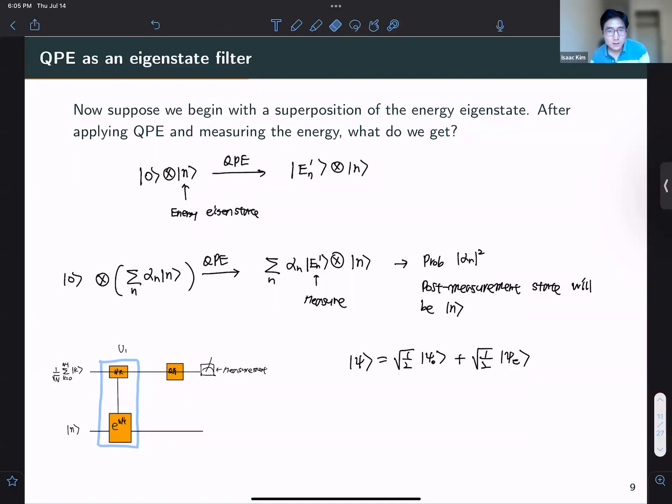So harmonic oscillator is kind of more difficult because it's infinite dimensional, but I can. So you're asking about this part, right? Can you see my red dot? Yes. Okay, so there are really two parts to this.